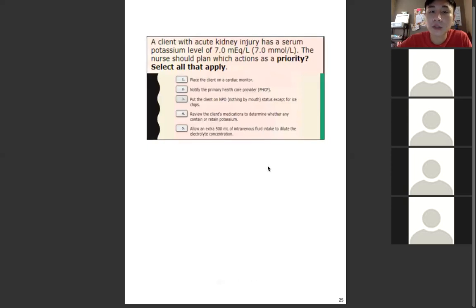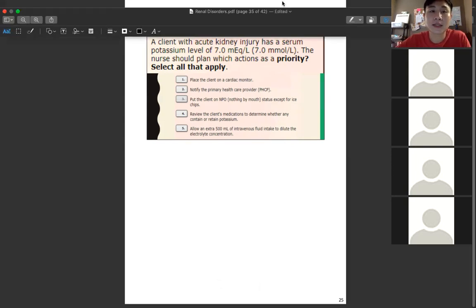All right, next question. A client with acute kidney injury has a serum potassium level of 7. The nurse should plan which actions as a priority? All right, so let's see.